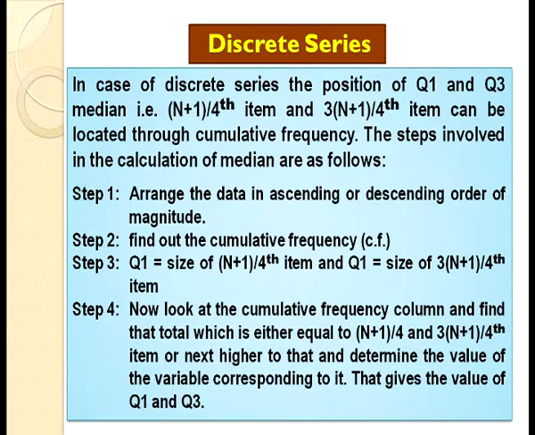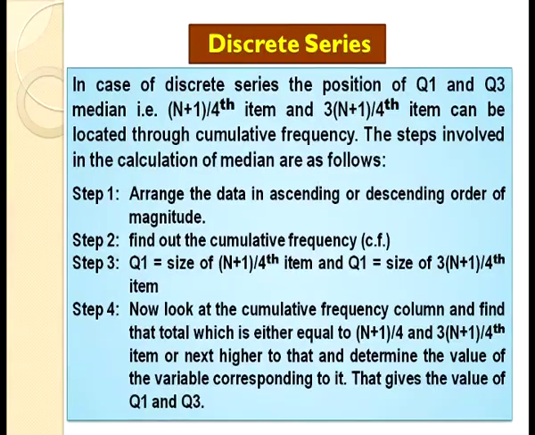After this, once we have identified the item value, we look into cumulative frequency, and the corresponding value to the cumulative frequency would be our Q1 and Q3, and this will be step 4.